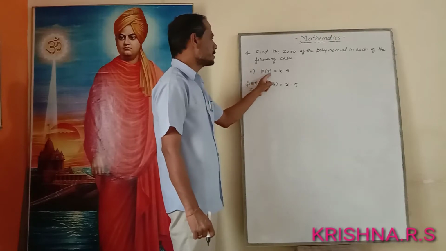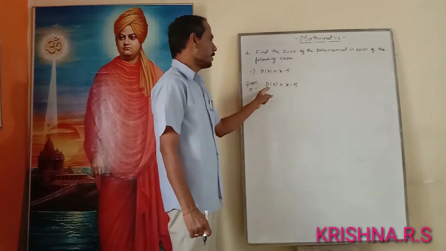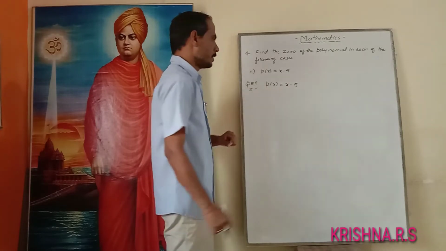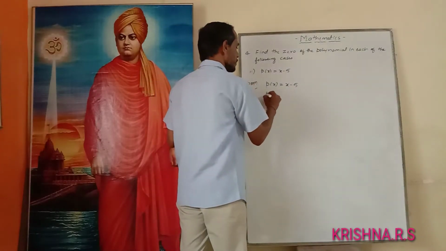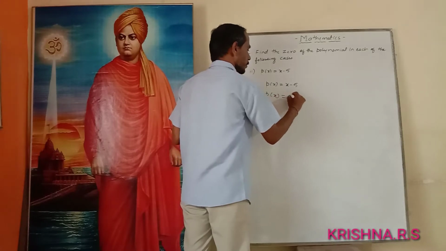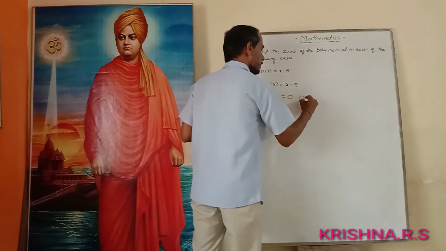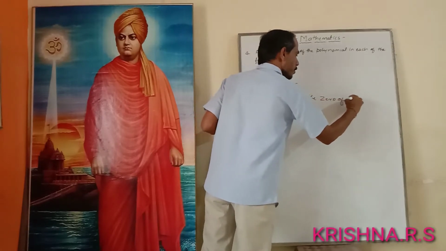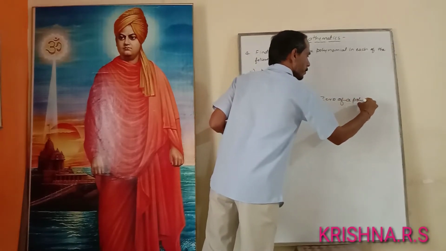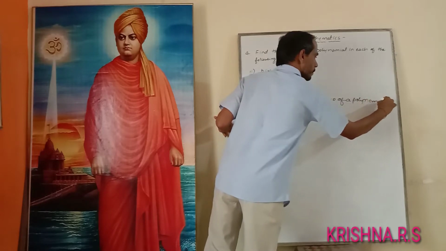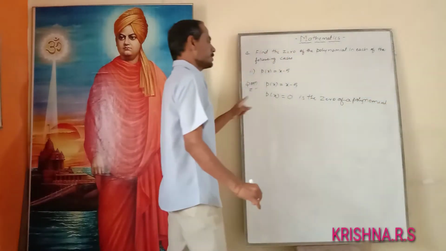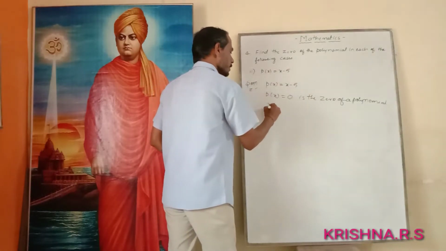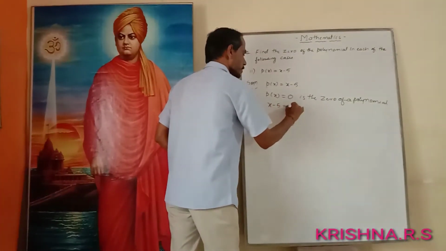Second question: P of x is equal to x minus 5. Write down in the solution, P of x is equal to x minus 5. In the next step, P of x is equal to 0, which is the zero of the polynomial. So P of x value is x minus 5 is equal to 0.